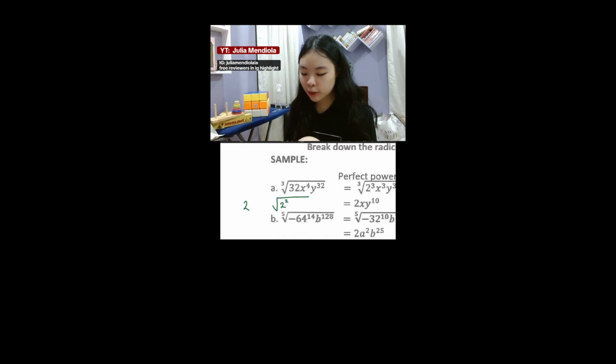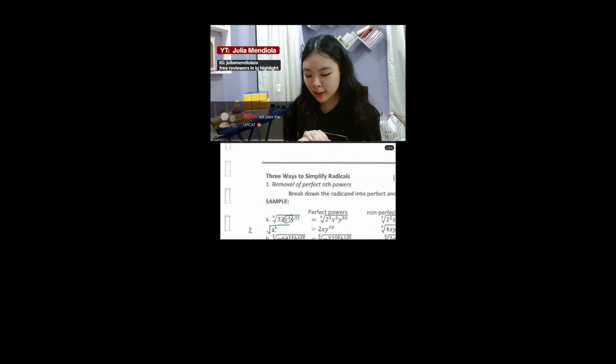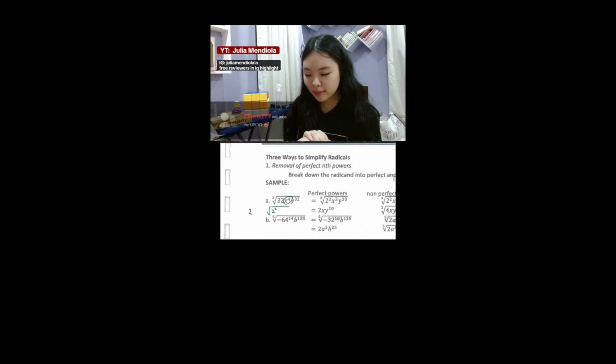Kasi ang 2 cube, nilabas na natin, magiging as 1 na lang siya. Wala na siyang cube. Kasi nilabas natin siya sa cube root. And then, next. So, x raised to 4, ilan ang pwedeng ilabas? 3 lang ang pwede ilabas. So, ima-minus lang siya. Hindi pala divide. Divide ba yung sabi ko kanina? Hindi, divide naman yan.